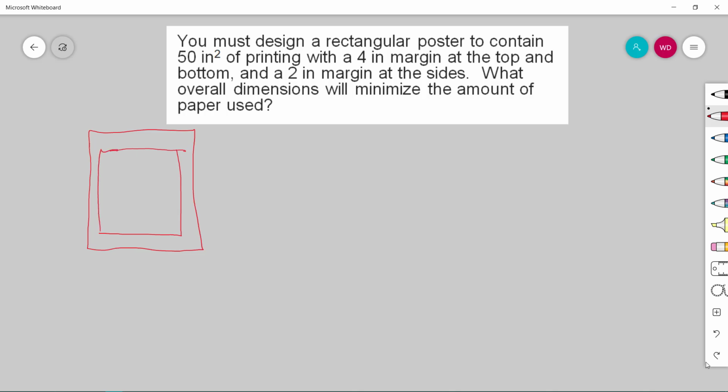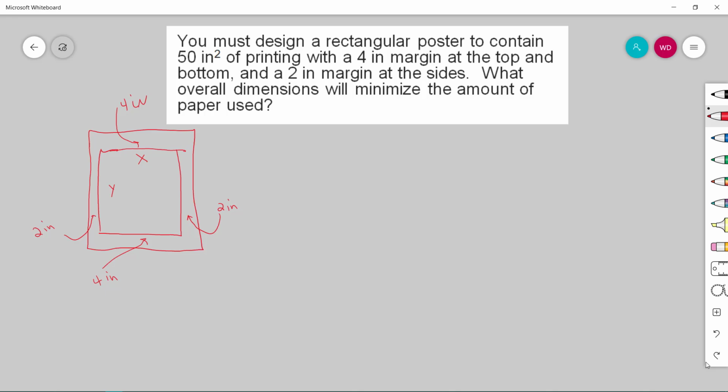So this distance in here, that's the 2 inches, and this margin over here is 2 inches. The margin here, that's 4 inches, and the margin on top is also 4 inches. Okay, now what I don't know is the dimensions inside. So let's say that this distance is x and this distance is y.